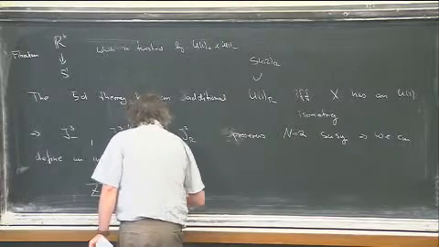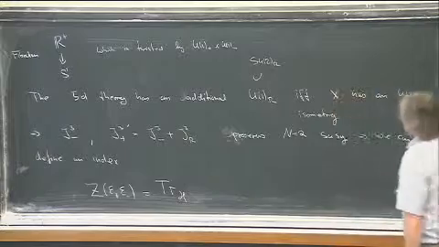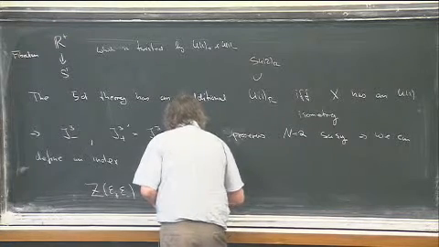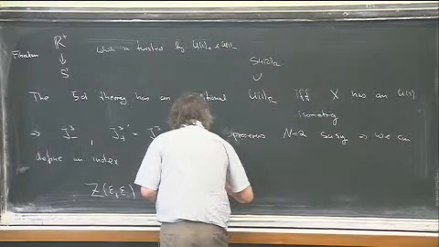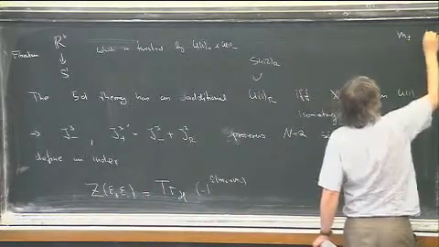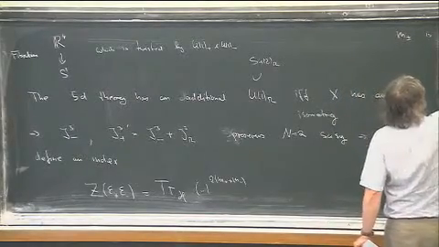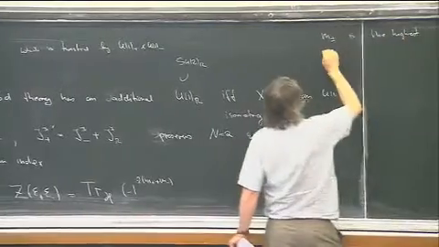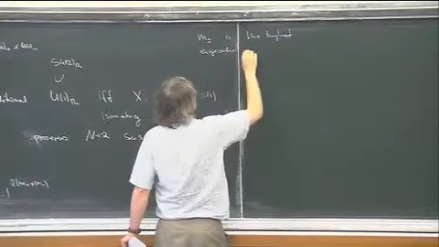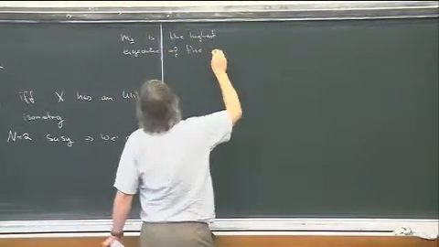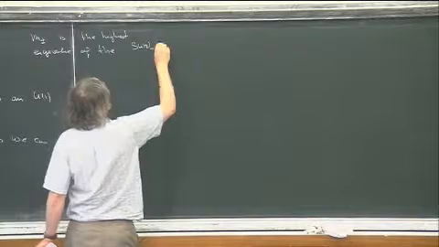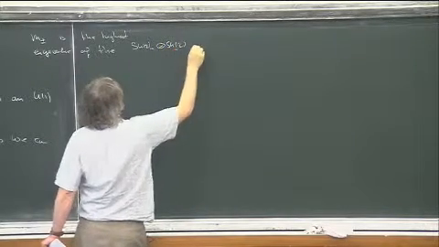It's a trace over the Hilbert space of this 5-dimensional theory, with a factor of minus 1 to the 2 m plus plus m minus, where m plus minus is the highest eigenvalue of the SU2 plus and minus representation that you consider.